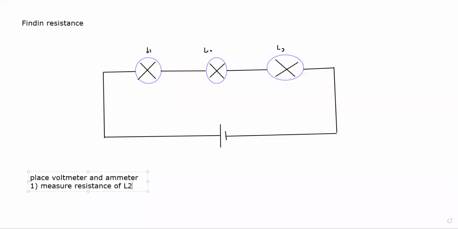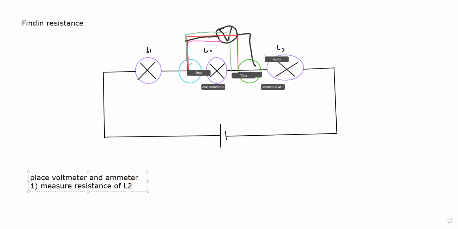So where should I connect a voltmeter and ammeter to measure the resistance of L2? And the symbol should be, for ammeter write A and for voltmeter write V.